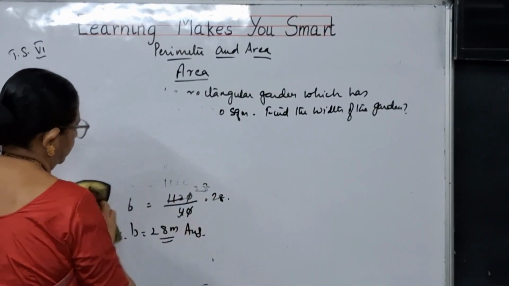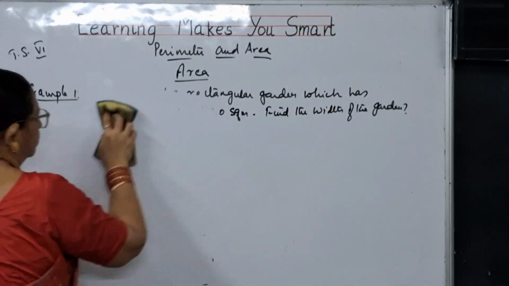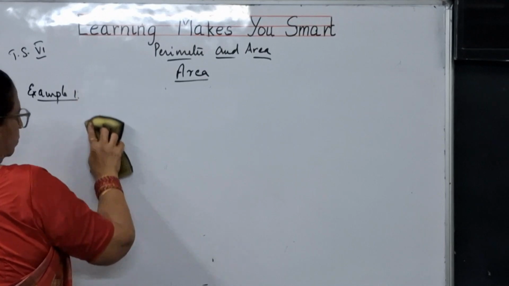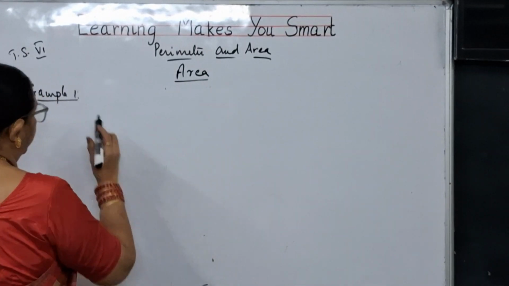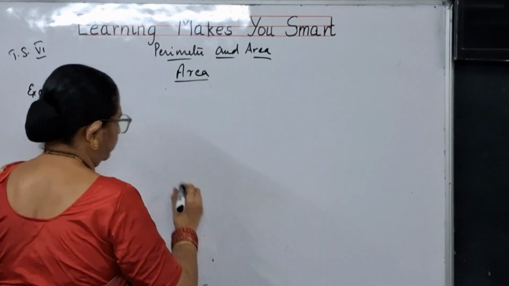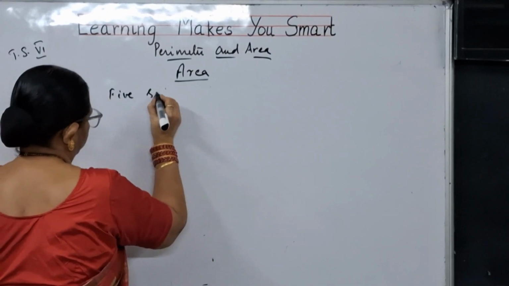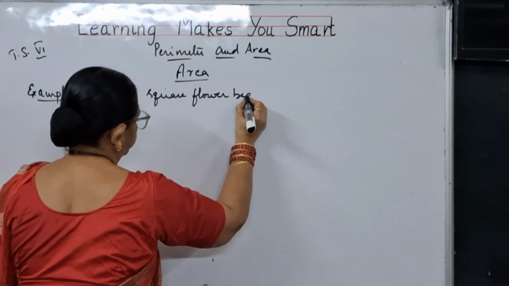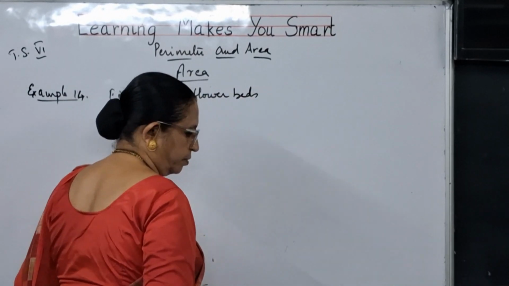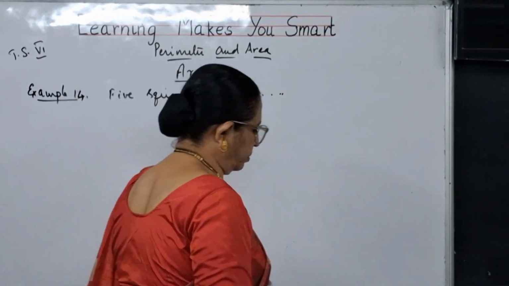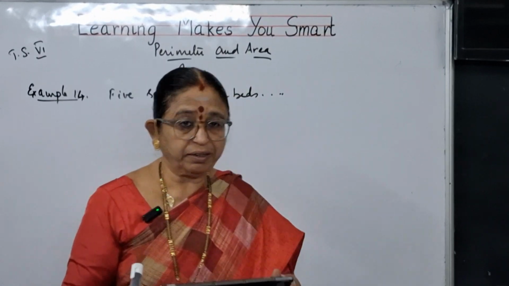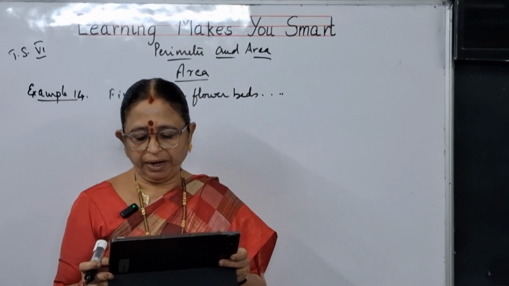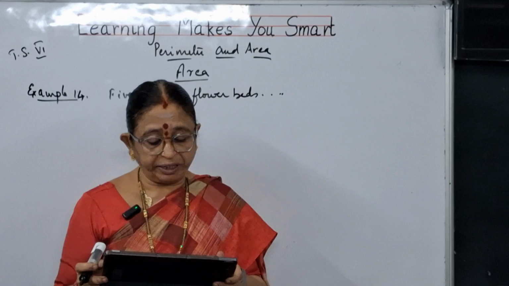Now, the 14th one. Five square flower beds. I'll read this, children, a lengthy problem. 5 square flower beds, each of side 1 meter, are dug on a piece of land 5 meters long and 4 meters wide.